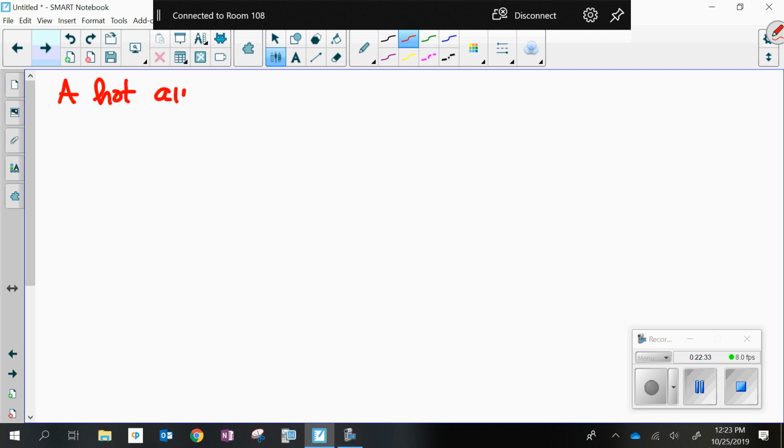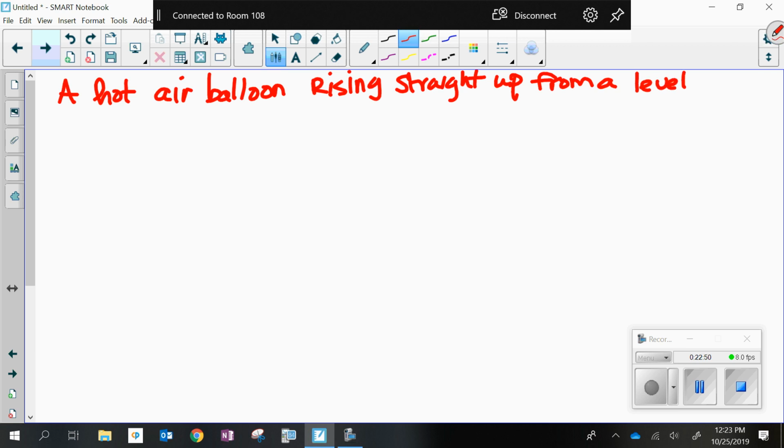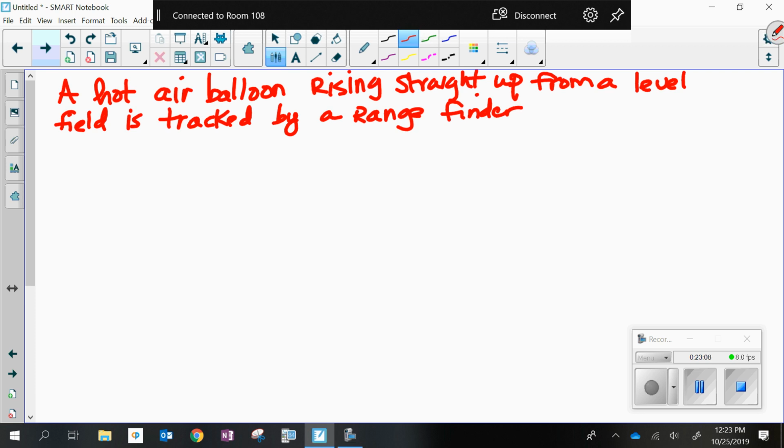A hot air balloon rising straight up from a level field is tracked by a rangefinder. No, 500 feet from the liftoff point.